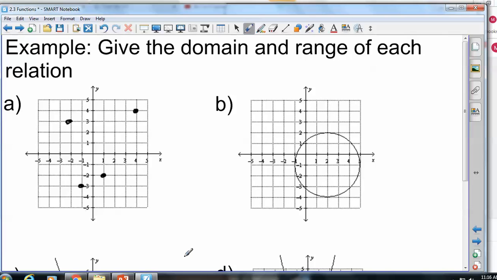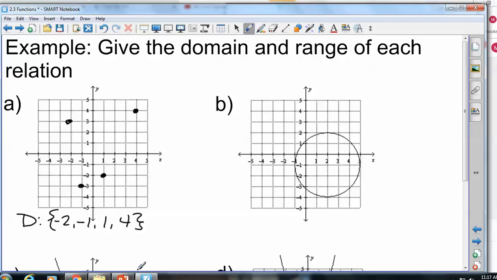What does domain refer to? X. So, which x values does this hit? -2, 1, 1, 4. It's not hitting every x, just those 4 x values, because I only have those 4 points on my graph.